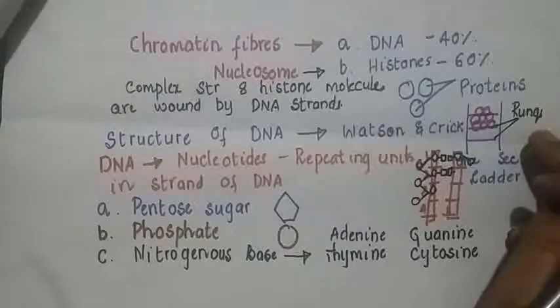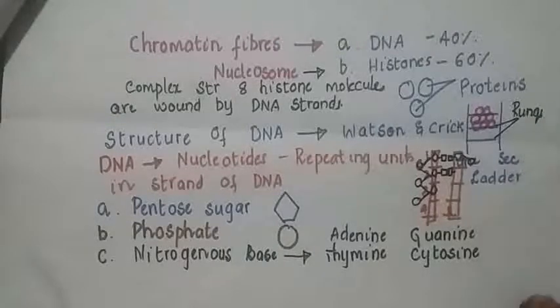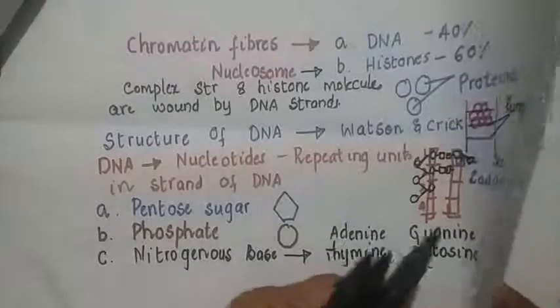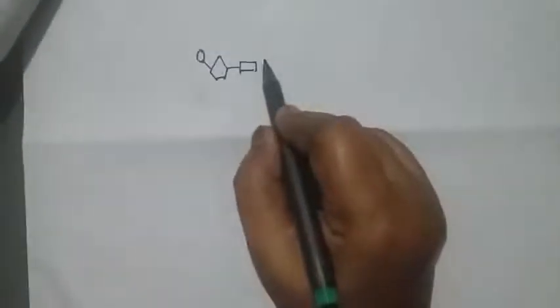Fine, children. Now, how are these nitrogenous bases arranged? Quickly, let me draw. So this is one pentose sugar, one phosphate radical here. Then you have one nitrogenous base in one particular strand.